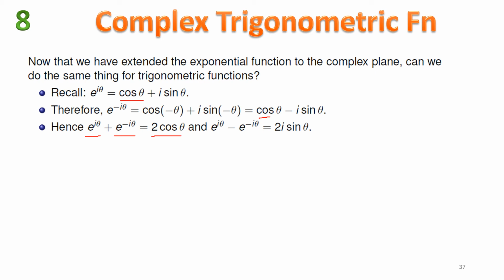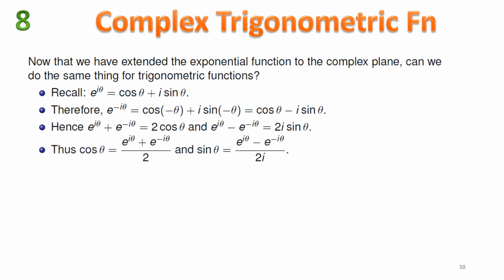And when we are subtracting e to the minus i theta from e to the i theta, we are cancelling cos and we are adding sine theta times i, so that returns a value 2 times i sine theta. And now we can write cos of theta and sine of theta. We have to just divide the equation by 2 in the first case and 2i in the second case.